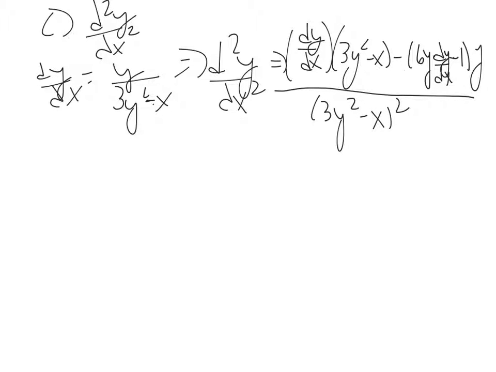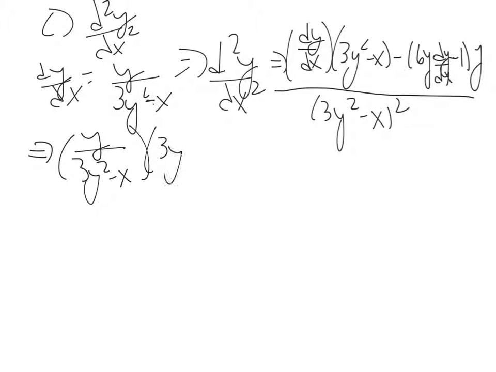Okay, so now I'm going to clean this up a little bit, and I have to substitute in what dy/dx is for dy/dx right here and here. So that would mean that I get y over 3y squared minus x times, oh, that's going to be nice.